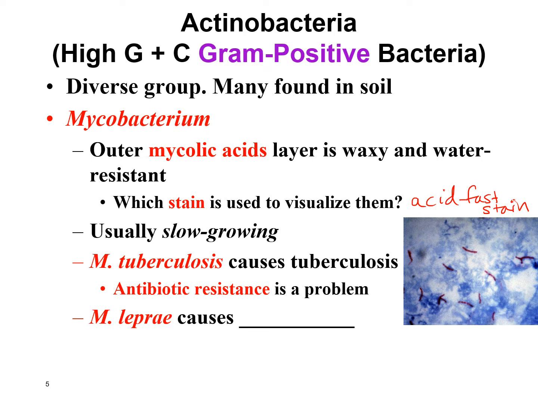And if you try to grow these in culture in the lab, they're very slow growing, so it does take a while to get results back from the lab if you do a culture.